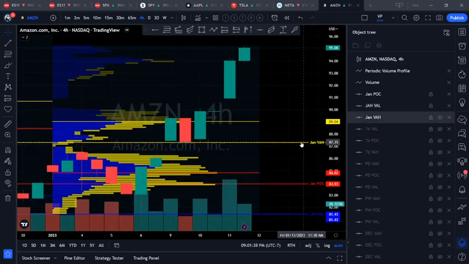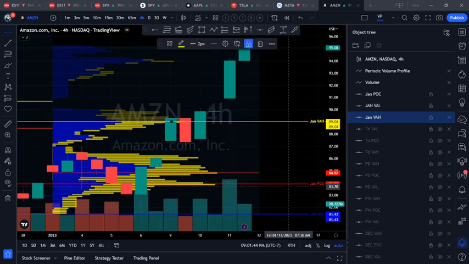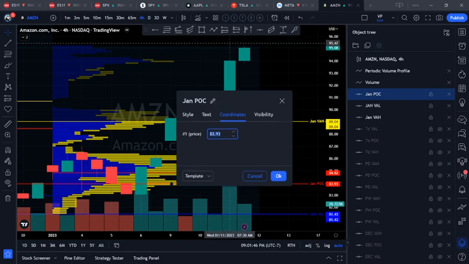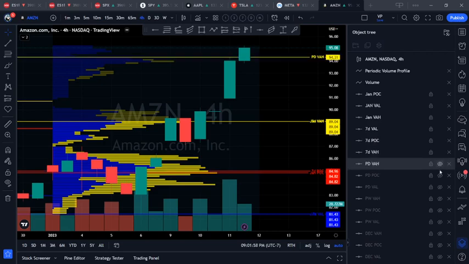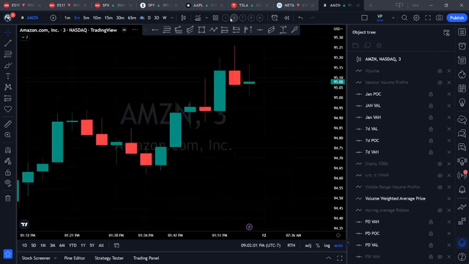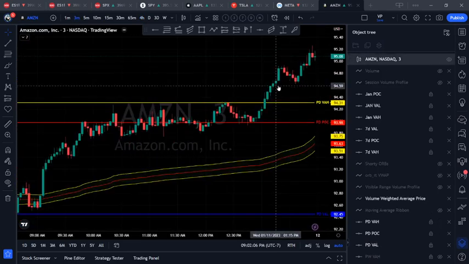All right. 89.04 value area high. 84.82 for the POC. And no movement on the value area low. Our regular levels. And my regular view.